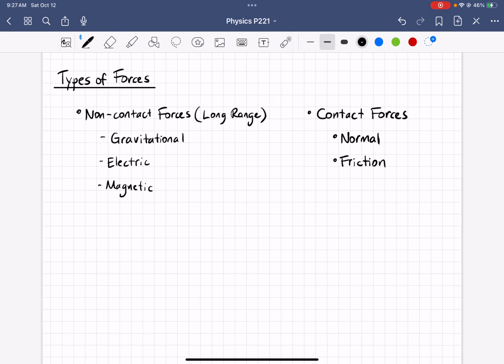And tension is always a pulling force, so a rope cannot be used to push something, only to pull. And then sometimes we will have springs involved in some physical scenario, and springs can exert either tensile or compressive forces, so we kind of put those in their own category. And there are others as well, but this is a good starting point for now.